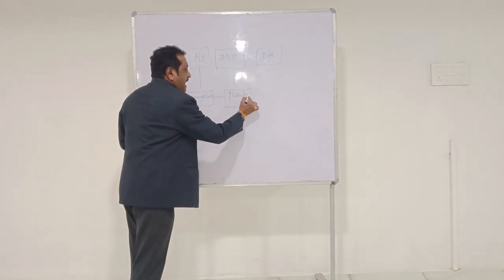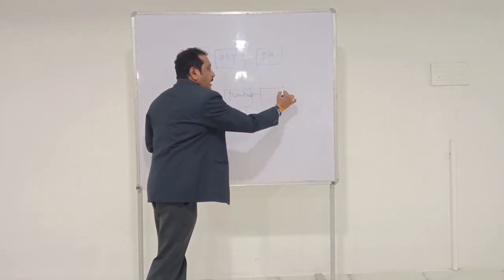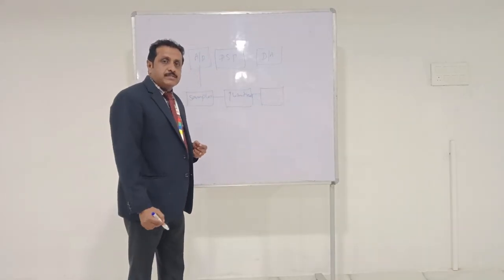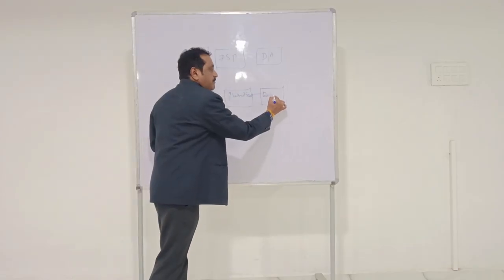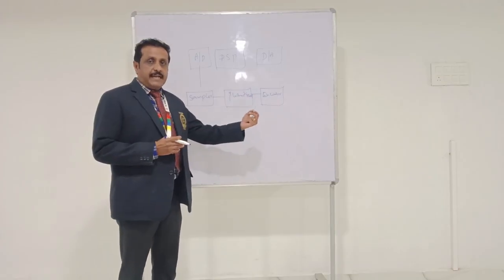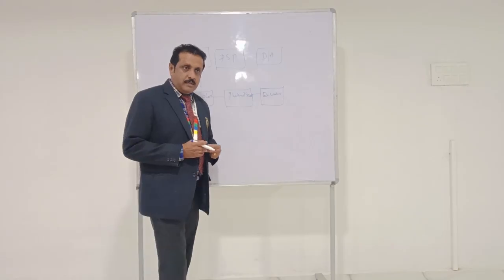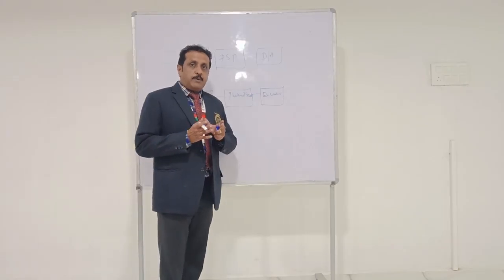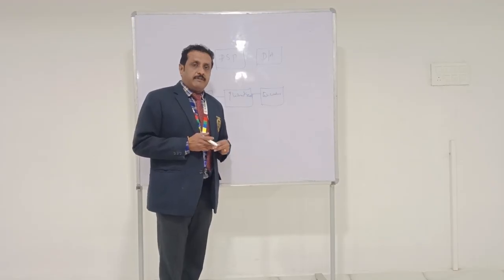We need to quantize the sampled output, and finally we need to assign the binary bits to the analog value. That can be done by using an encoder. So these are the blocks inside the A to D converter. Once we get the digital output, that will be given to the input of the DSP processor. Finally, the digital output can be converted back to analog by using the D to A converter.